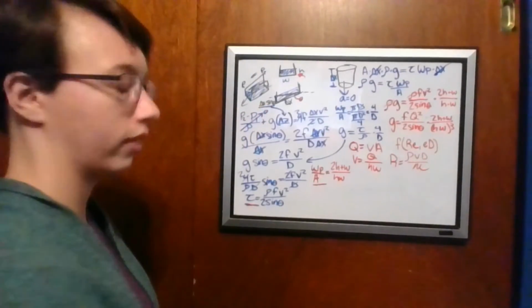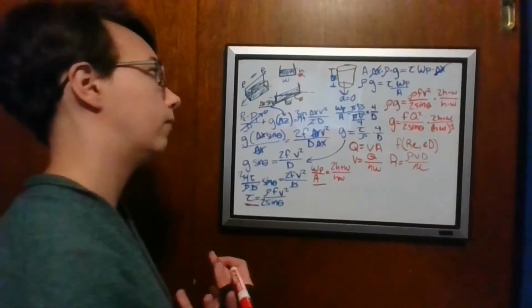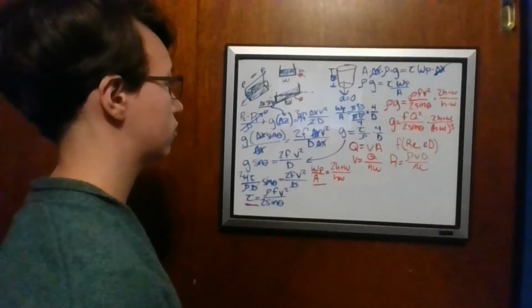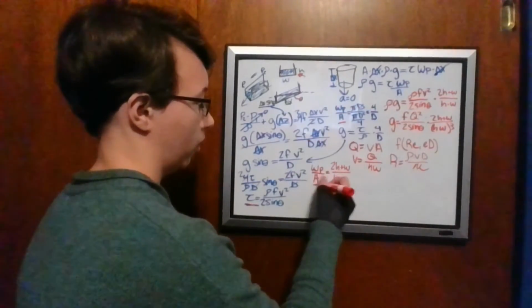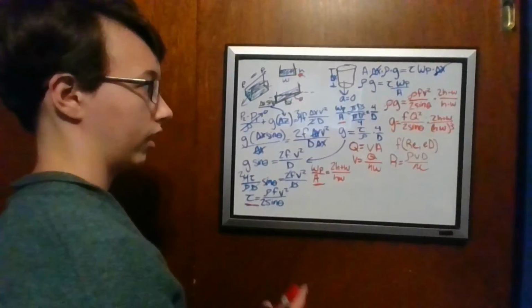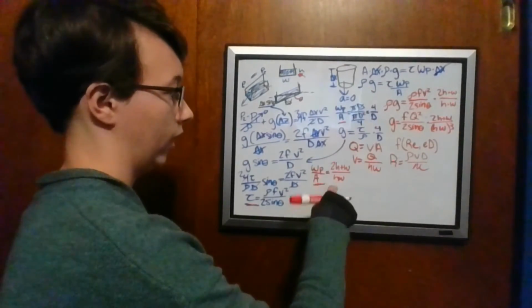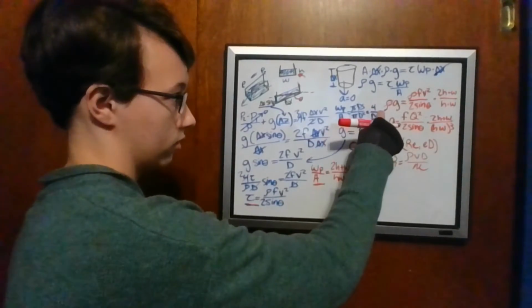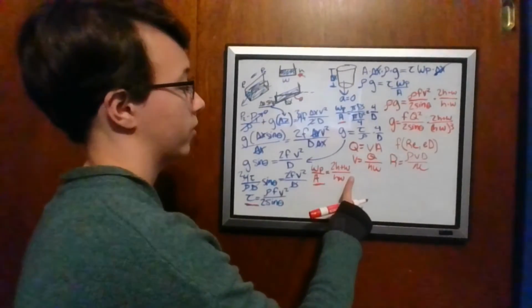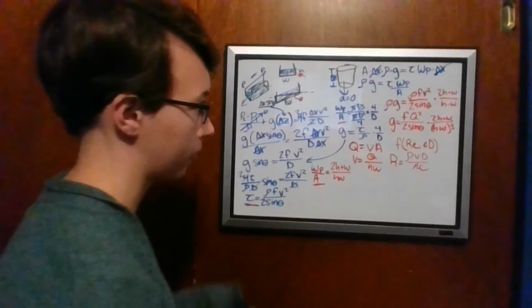Diameter is the only thing that's not clear, because what exactly is the diameter of a rectangle? And we can get at that, again, using this wetted perimeter to area ratio. So we have this one and this one. You'll notice for the circular geometry, this is dependent on diameter. So this ratio is just 4 over the diameter. We can set the wetted perimeter and area ratio for the circular geometry equal to the one for this rectangular geometry, and solve for diameter to get the approximate diameter of this rectangular geometry.